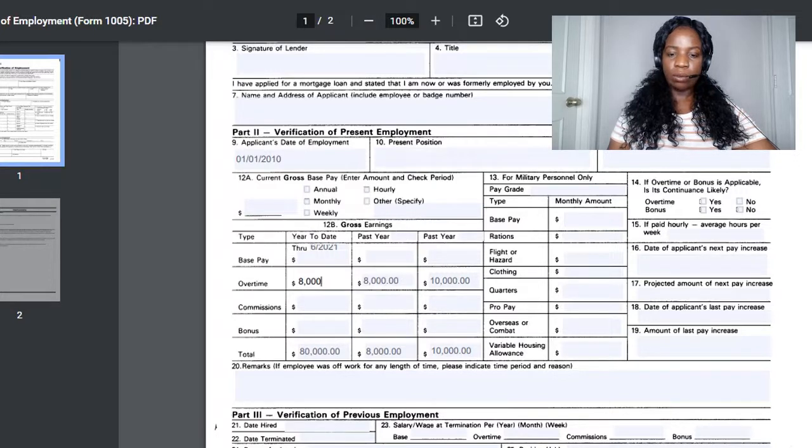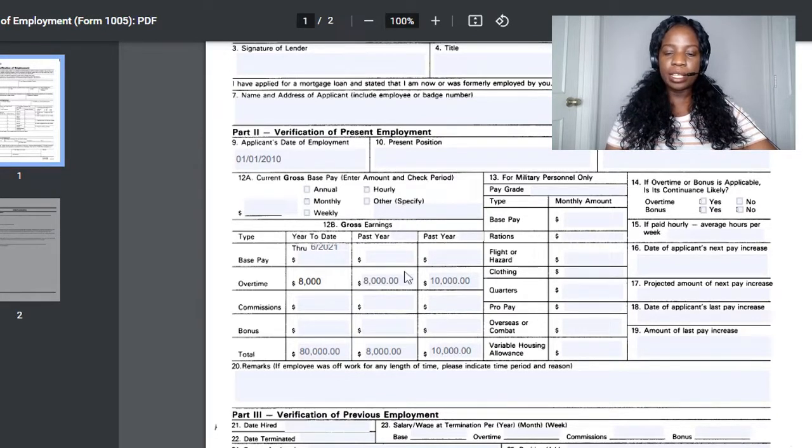So now we see that there was a decline. Even though now the trend is going up, we still have to take a look at this decline that happened last year, and we need to question what happened. Why is it that in 2019 he made $10,000, but in 2020 there was a dip, but now in 2021 we're back up? So what we would do is find out what's going on.